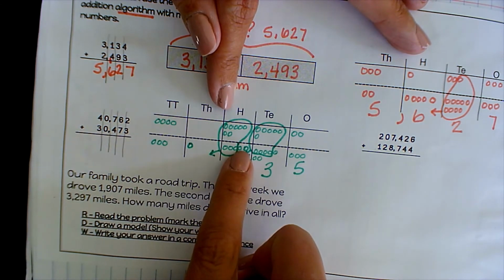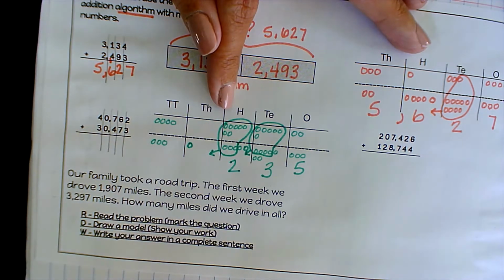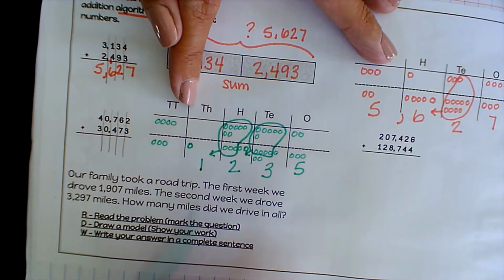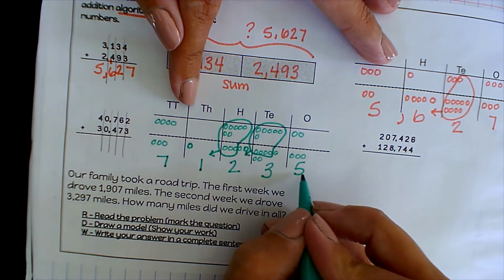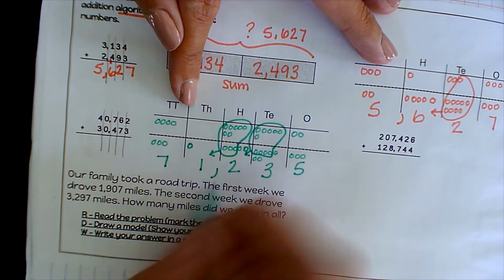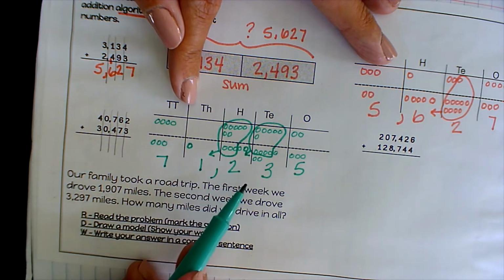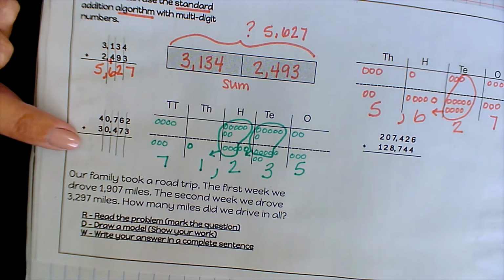And I have 200 discs remaining. So a 2 in the hundreds place. Now I have 1 in the thousands and 7 in the 10,000s. 1, 2, 3, wee, for our comma. So my answer is 71,235. I'm going to check it in our standard algorithm.